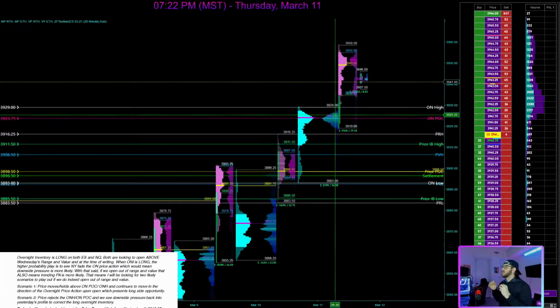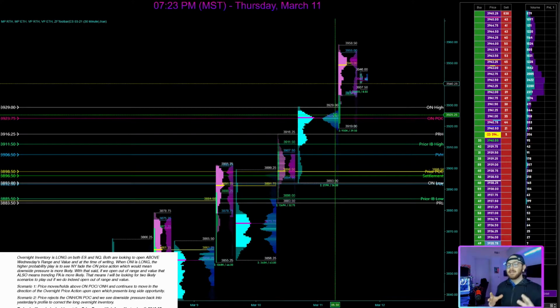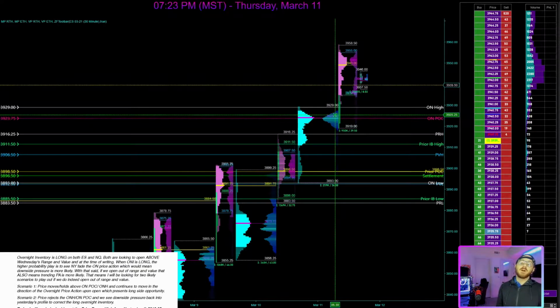When the inventory is unbalanced, when there is too much buying pressure or too much selling pressure, the market makers, the people that are making sure that the market is efficient, it is their job to correct that inventory and make sure that the market is in balance. Okay? That is a bit more of an advanced concept that we talk about quite a bit in the private Discord and I discuss in my course. So I won't get too much into that, but I want to plant that seed for sure.